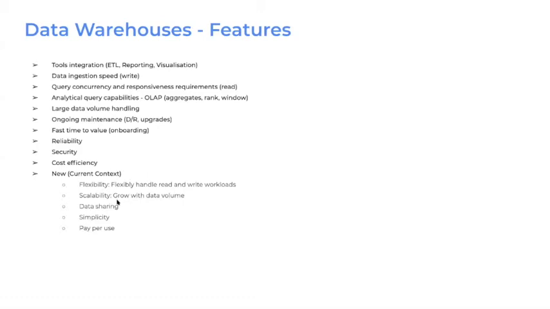That's expected. Data sharing. There are scenarios where these large data warehouses are being used as a means by which the users want to share data between different people within the organization. That, hey, I did this analysis. This is a data set which could help a downstream team to actually take up the next set of actions on that data.